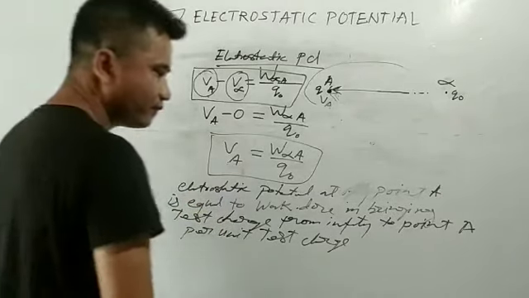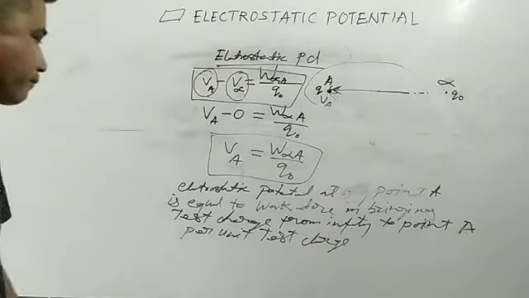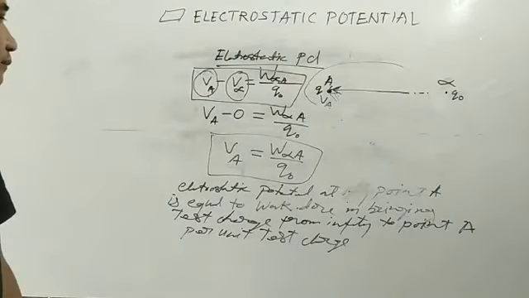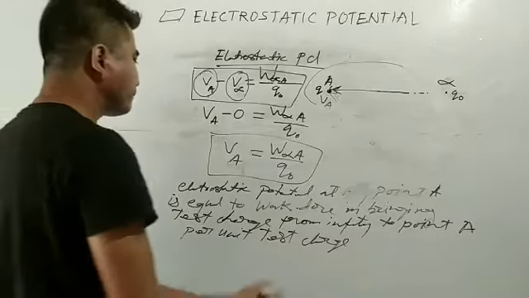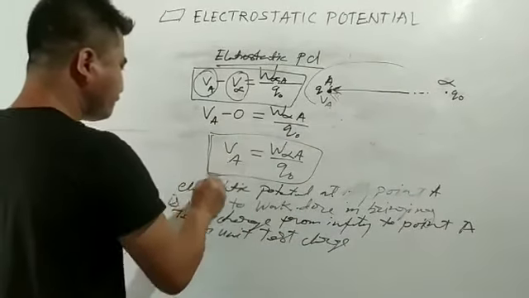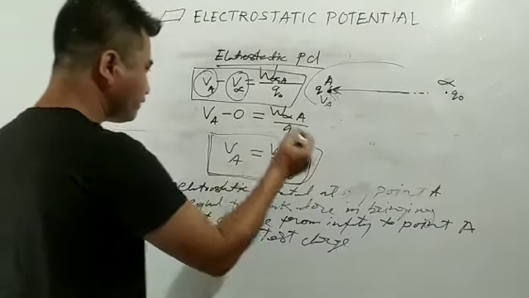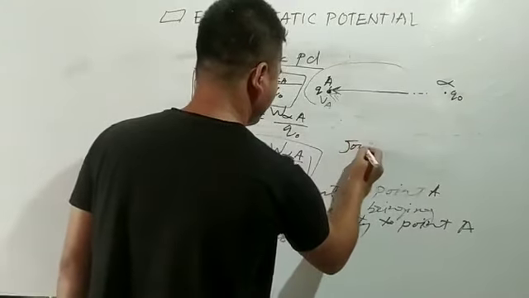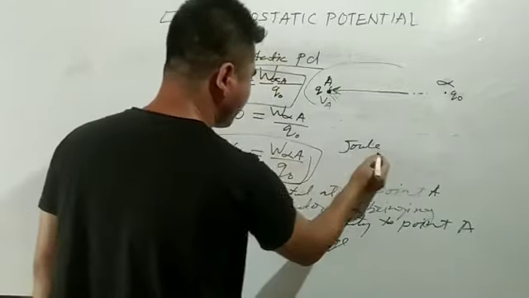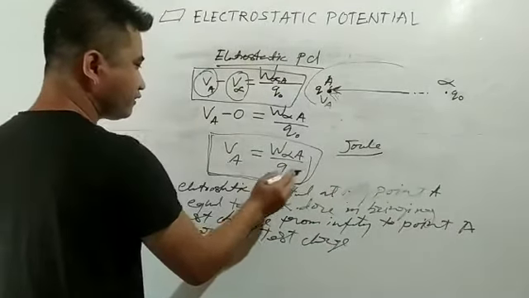So what will be the unit of electrostatic potential? From here you can find the unit. You know the unit of work is joules. Joules divided by the unit of charge, which is coulomb.